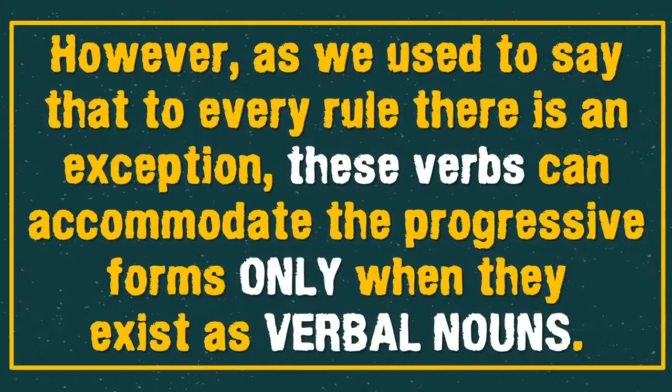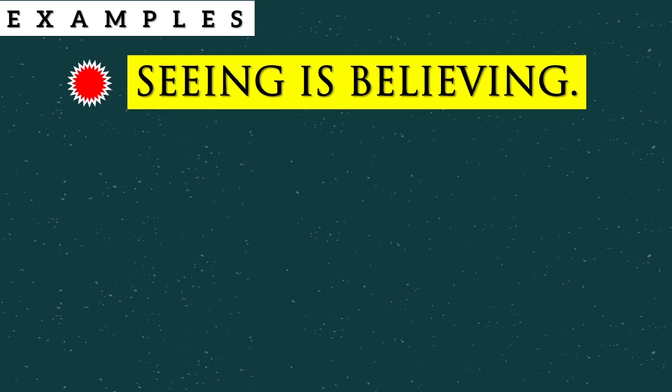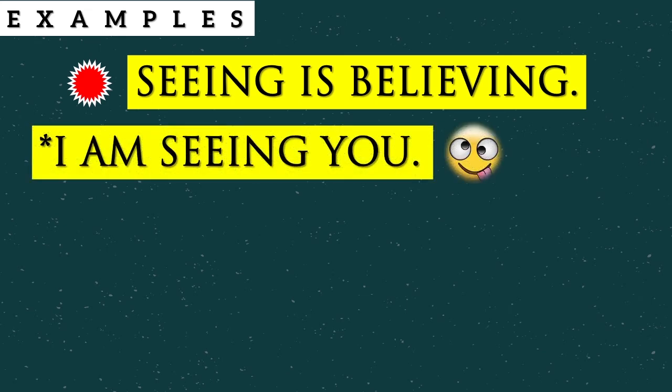However, as we used to say, to every rule there is an exception. These verbs can accommodate the progressive forms only when they exist as verbal nouns. For instance, seeing is believing. So you see seeing coming in the progressive form and believing also coming in the progressive form. It is wrong to say, I am seeing you.